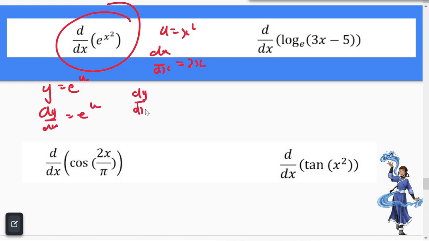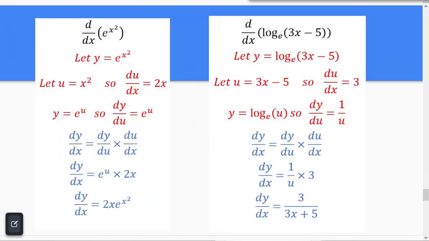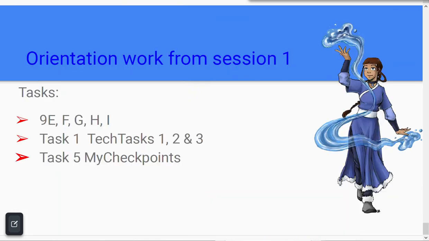So dy/dx is going to be dy/du times du/dx, which is e to the u times 2x. So 2x e to the x squared will be the derivative. 3 other examples there, and I've got worked solutions for you in that particular instance.